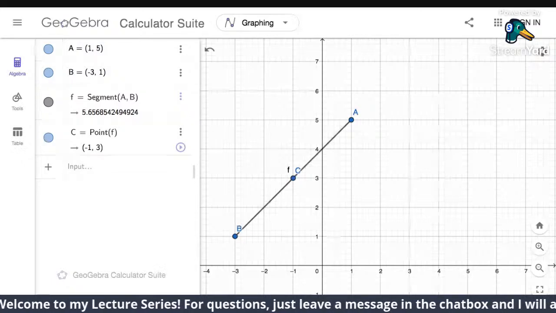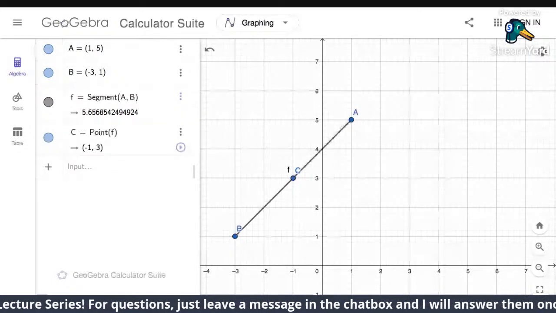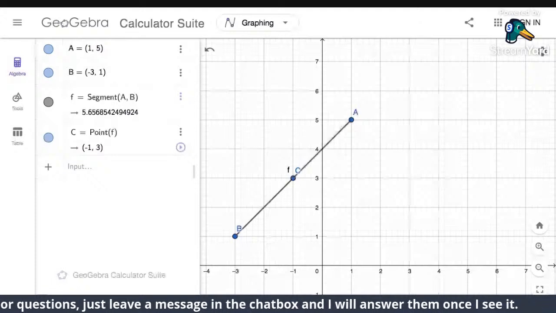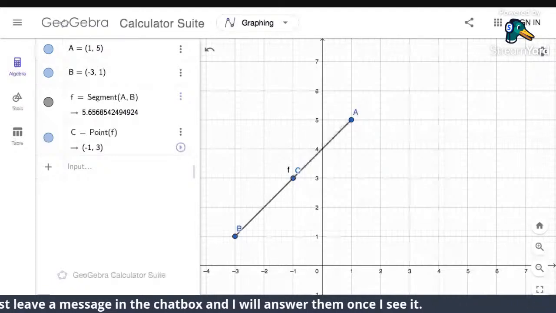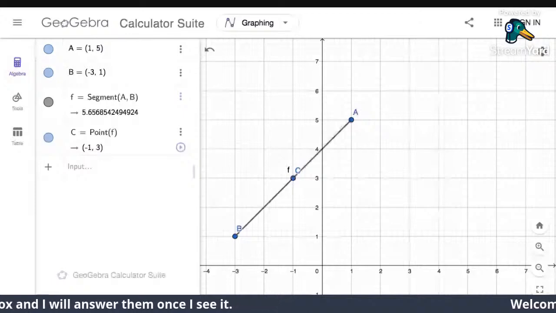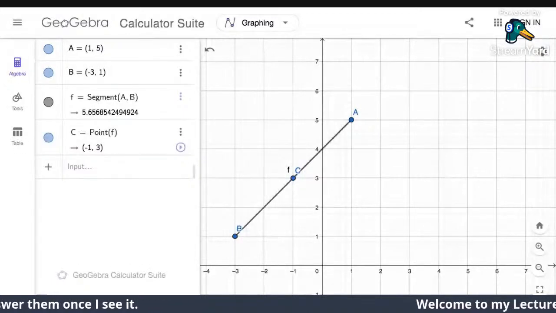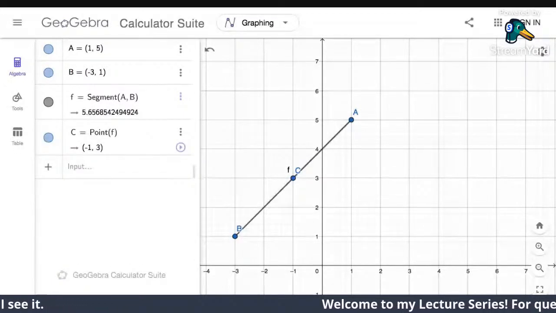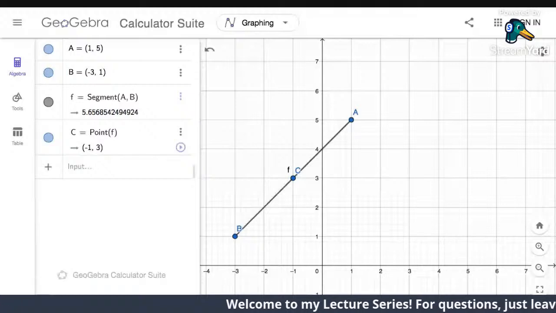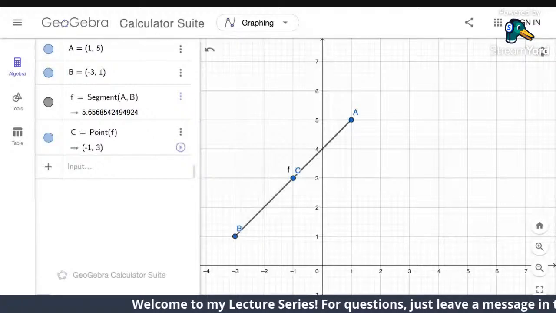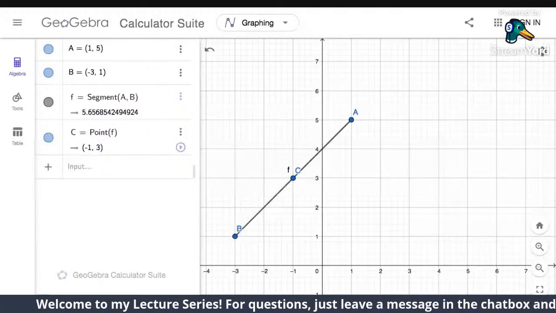What are the things that you would like to ask about the part of the module that you have? Maybe you would like to clarify at this point. Just like what I said, it's very helpful for the first part of our course if you make use of your GeoGebra calculator or you download the software from your Play Store. Madali lang siya.